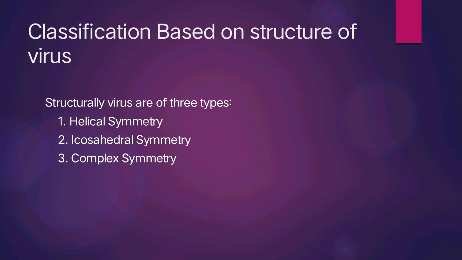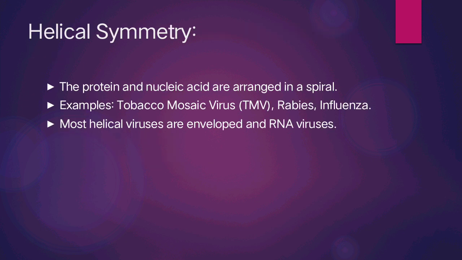Classification based on the structure of virus. Structurally, viruses are of three types: helical symmetry, icosahedral symmetry, complex symmetry. Helical symmetry: the protein and nucleic acid are arranged in a spiral.